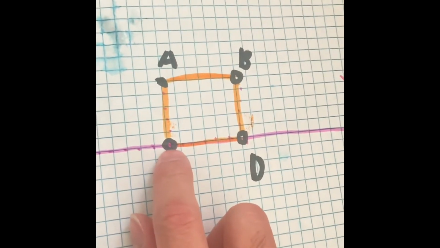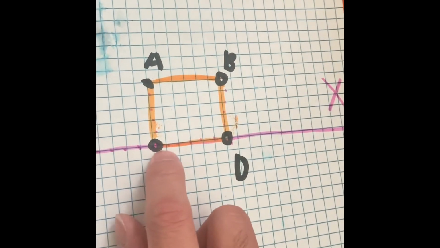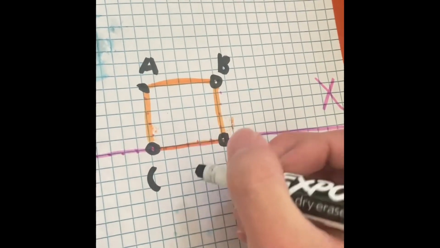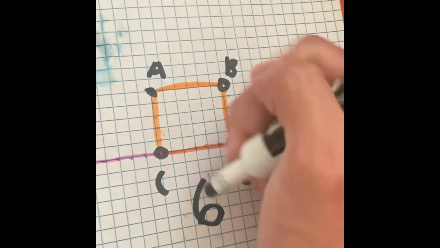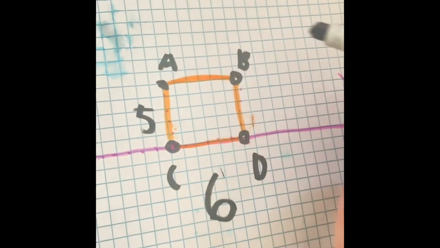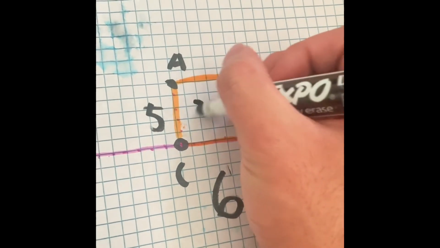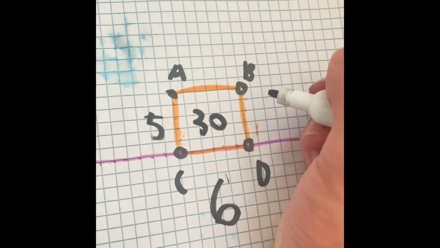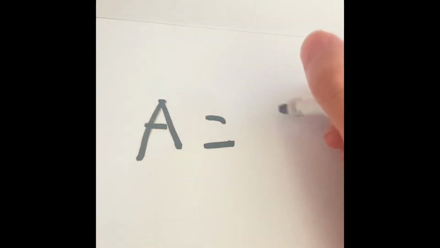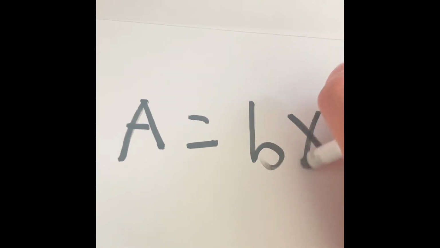Here's 1, 2, 3, 4, 5, 6. So this is going to be 6. Then 1, 2, 3, 4, 5. So 6 times 5 is going to be 30. The formula for finding the area of a rectangle is base times height.